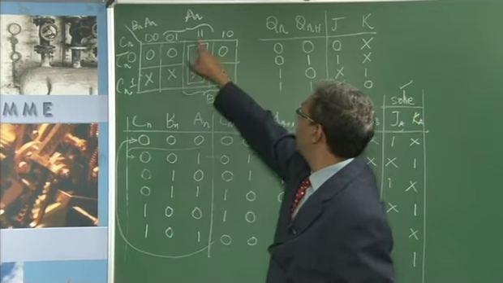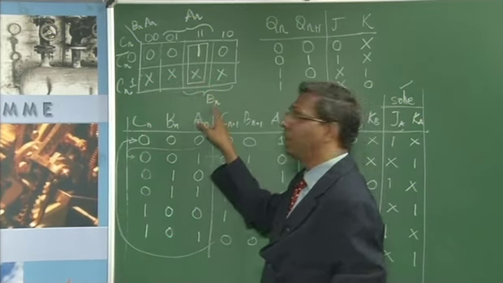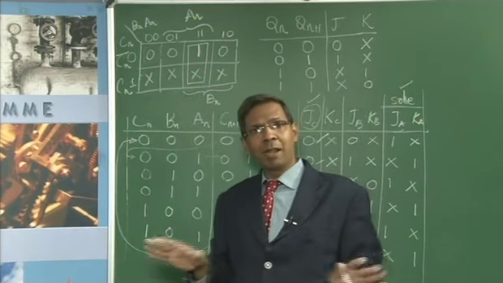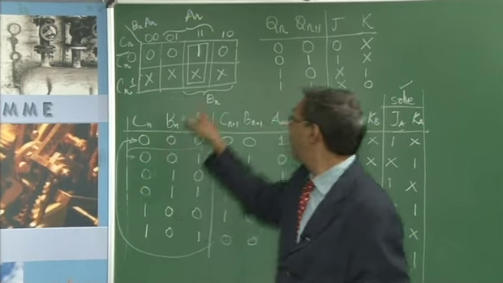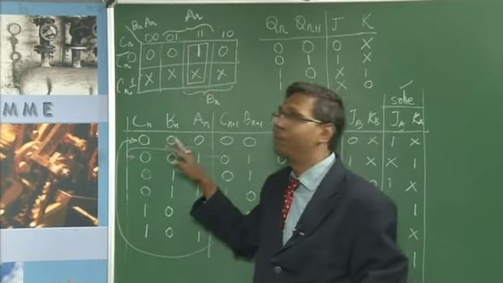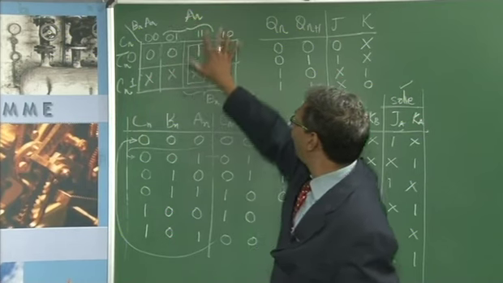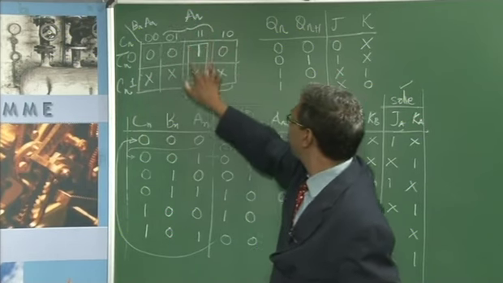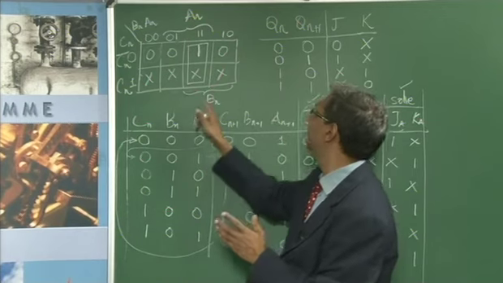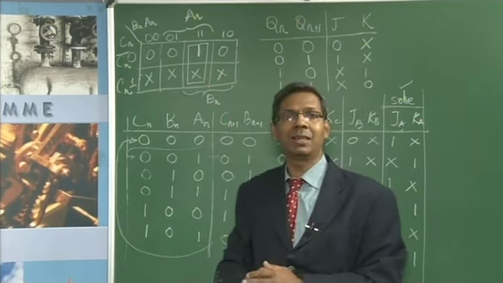Then next, is it in Bn? The answer is yes, it falls in Bn. But does it completely fall in Bn? No. It only falls in Bn wherever there is An also, because An belongs to these two, Bn belongs to these two. This is the only column where both B and A belong. So I can write the expression as Bn ANDed with An.